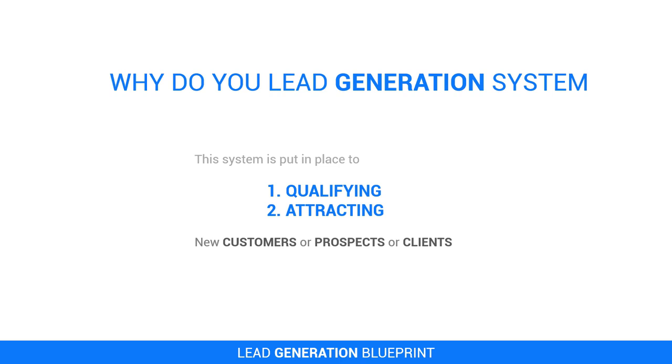Now, why do you need a lead generation system? You may want to ask, my business, I just design websites for people, I just sell cars. What do I need a lead generation system for? Now, a lead generation system does 2 things. One, it's used for qualifying your prospects or customers. By qualifying, I mean if you're starting a new business and you're selling Ferraris, and you tell people you sell cars, anybody who's looking for any car will come and meet you.